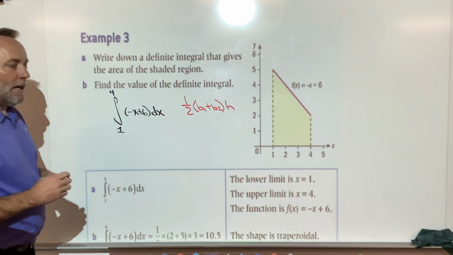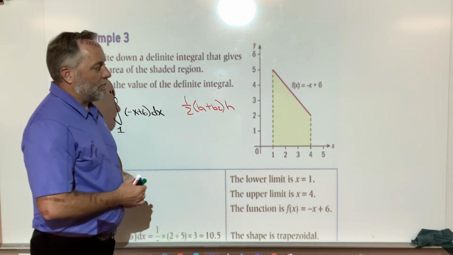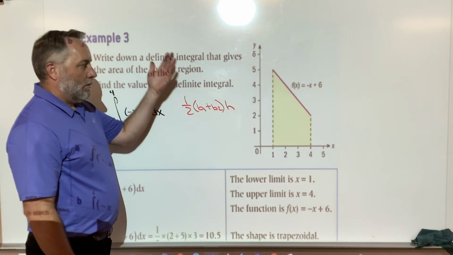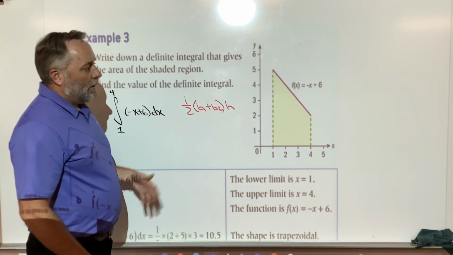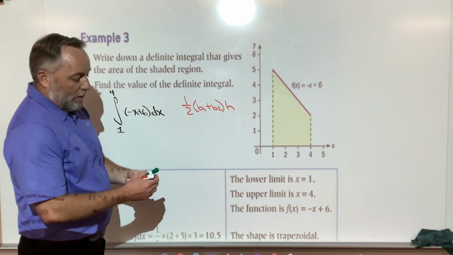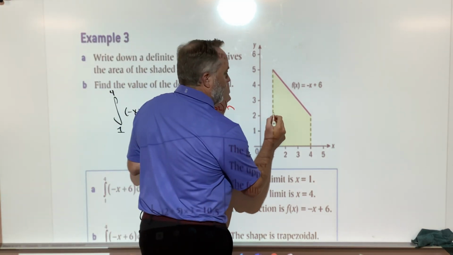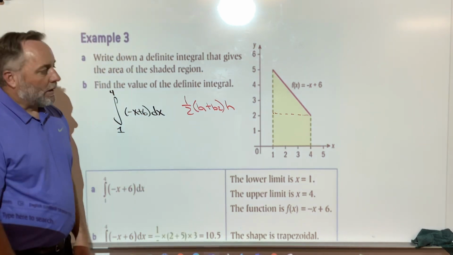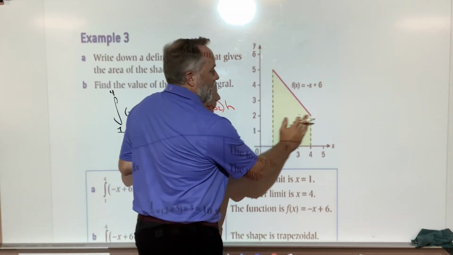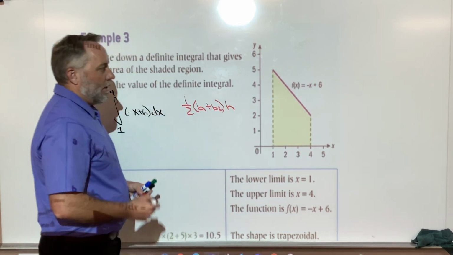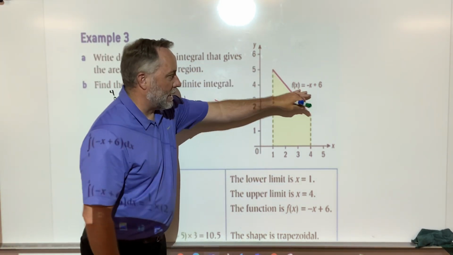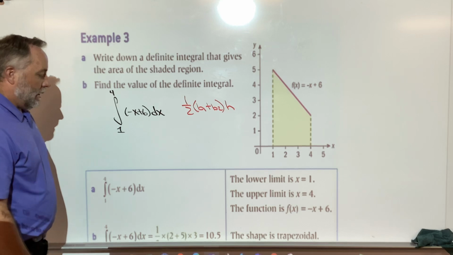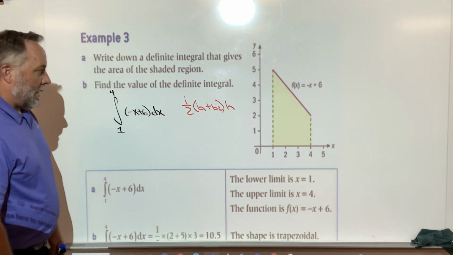So again, using a geometrical shape, just like we did a rectangle and a triangle previously, we can use a trapezoid, or it is possible we could cut this into a square and a triangle. That would work as well. But they want us to view this as a trapezoid. For right now, most linear functions, that's what that function is, can be broken down as a trapezoid.